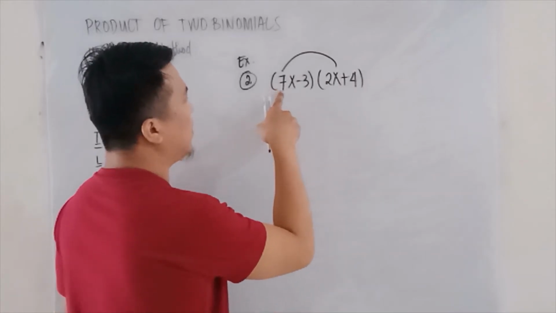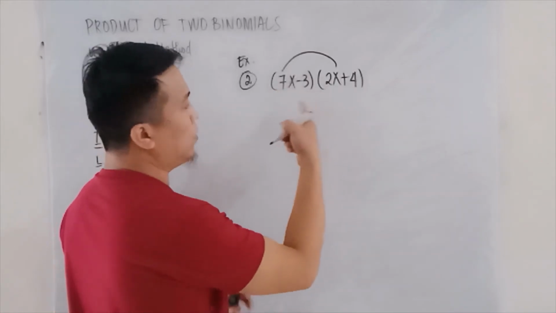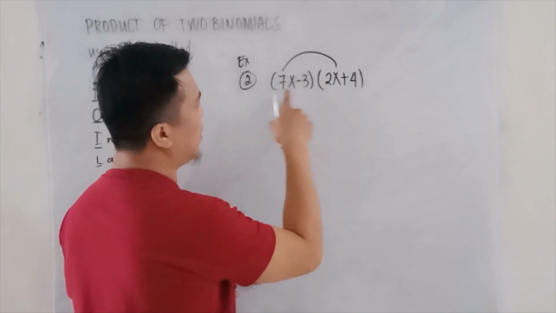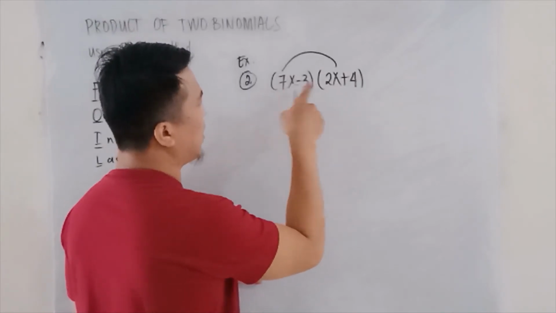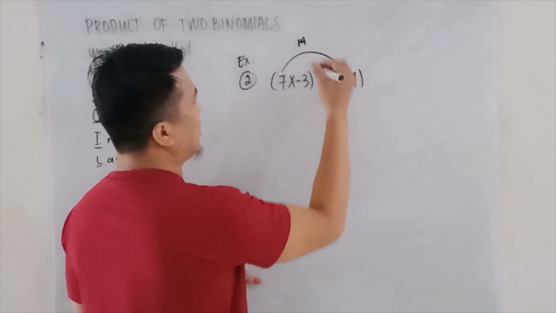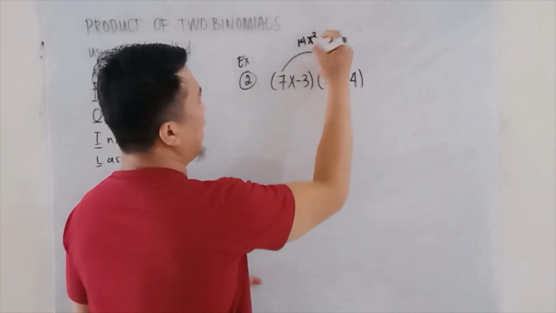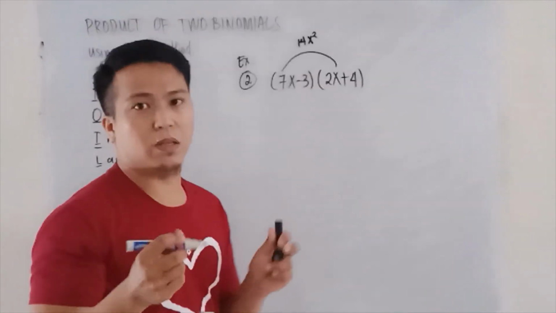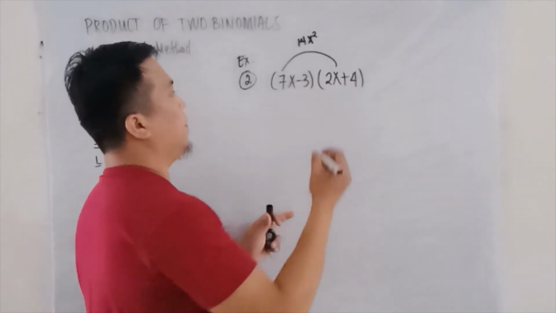If there is a variable with numerical coefficients, focus only on the numerical coefficients. 7 times 2 is 14. x times x is x squared, according to the law of exponents.